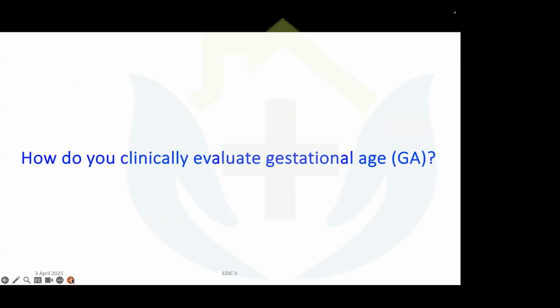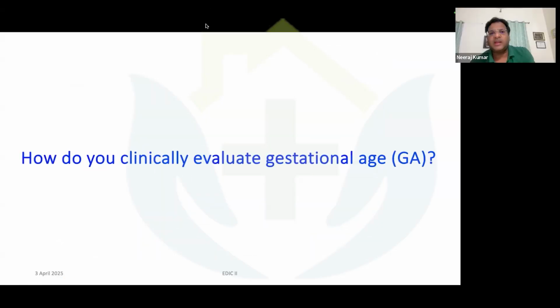Okay? Now the next point is how will you clinically evaluate the gestational age? Again, this is an important question that may be asked as a STEM. If you pass EDIC 1, you may get STEM questions in which they can ask how you will clinically evaluate gestational age.